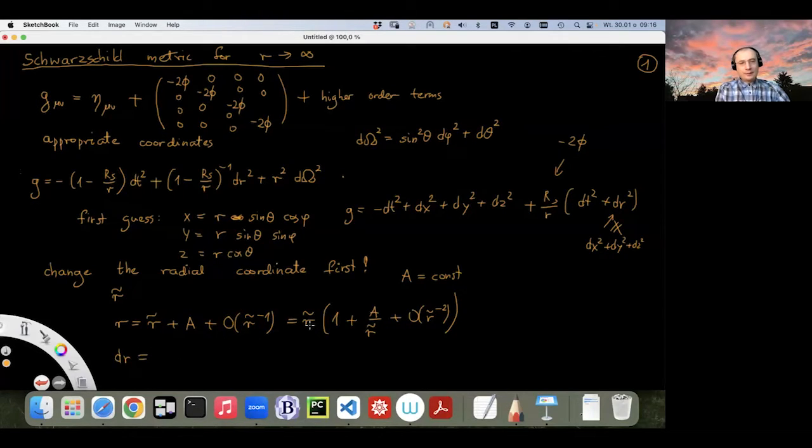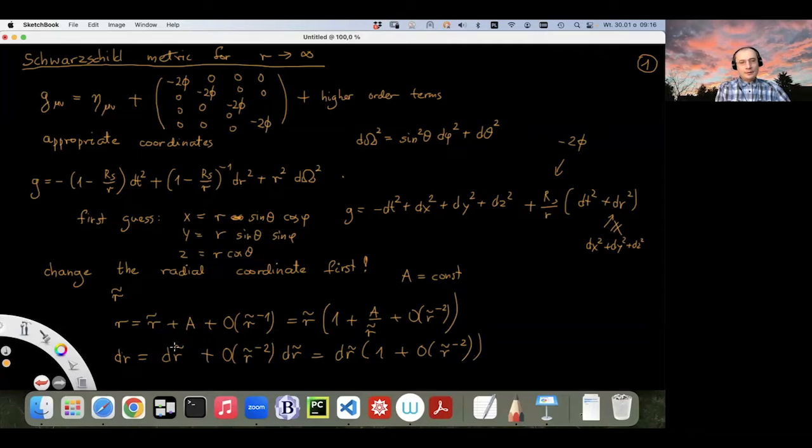So dr, we can use, for example, the left formula because then things are very simple. You got dr tilde here, this gives 0, and this gives something of order of r to minus 2 dr tilde, or this is dr tilde times 1 plus O of r tilde to minus 2.